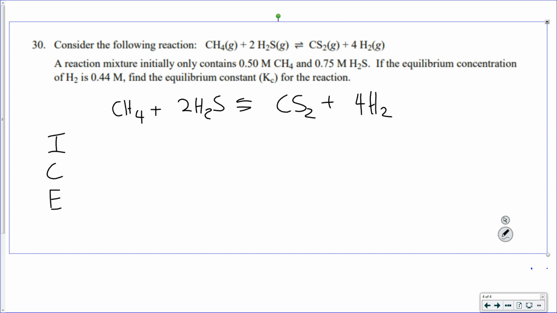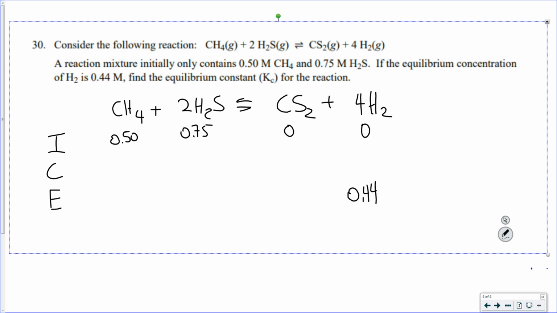It says initially there are only the reactants, 0.5 molar and 0.75 molar. So that means initially there are no products in the system. It says at equilibrium, the concentration of H2 is 0.44.